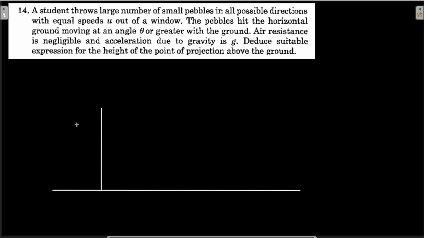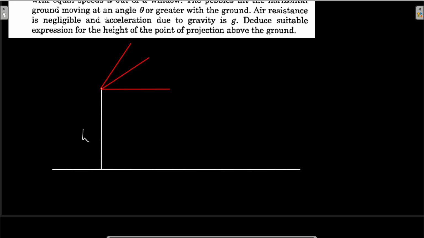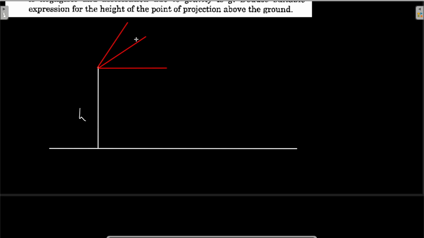This is the building we are talking about, H. Now maybe the student throws like here, or maybe here, or maybe let's keep one horizontal. See, these three we are considering. We'll draw the gravity vector.